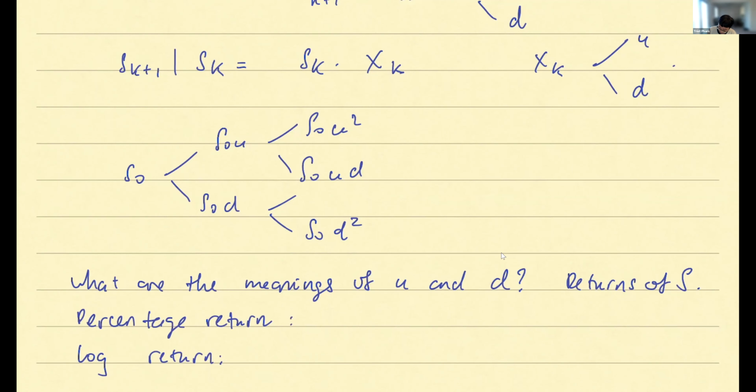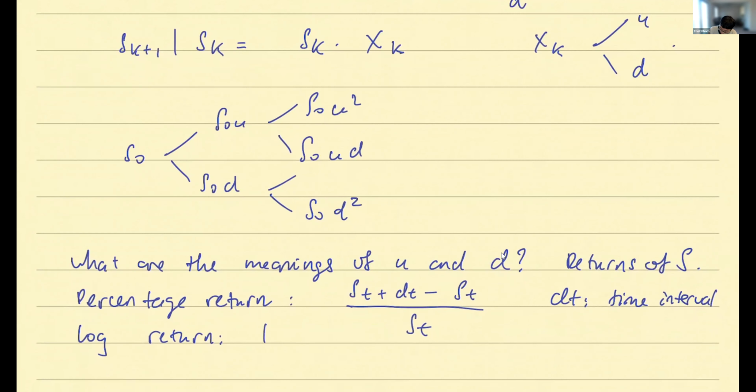Percentage return is the change in stock price over a period of time, where dt is some time interval. Log return is like this. They're closely related, but not the same, and we'll explain that later too.